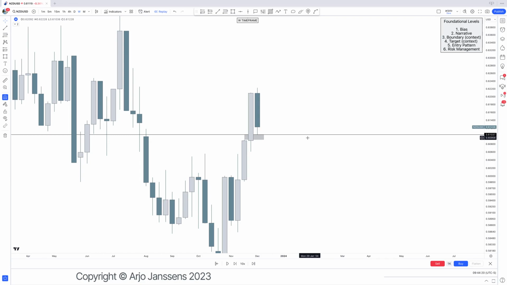If you need around 5 minutes to get to your bias, then likely there's just simply no bias. If you need around 5 or even more minutes to get to a narrative, then likely there's just not a clean narrative right now. So that also helps us in understanding which pair is actually high probability.